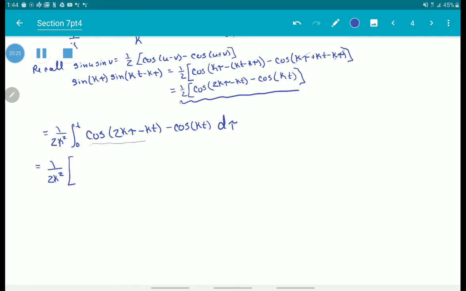So this is going to require a u substitution. We would need a 2k. We would compensate with a 1 over 2k. Integrating cosine, we're going to get sine. This guy we would treat as a constant, so we're just going to have that number times tau. And we're going from 0 to t.